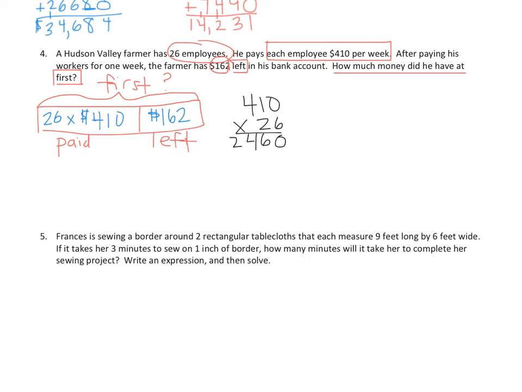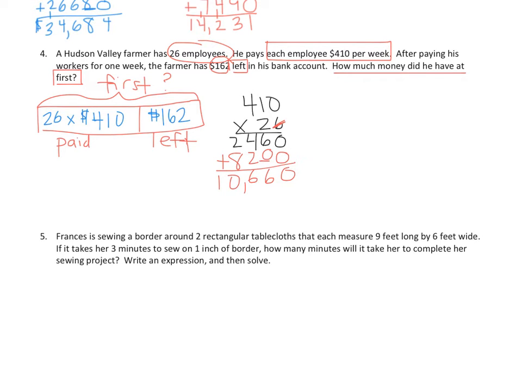There's my first partial product, crossing off the 6 ones. There's no numbers on top to cross off, so that means I'm ready to do the tens. So I'm going to put a 0 placeholder. 2 times 0 is 0, 2 times 1 is 2, and 2 times 4 is 8. So my 2 partial products, add those up quickly. This one should be fairly easy to add up.